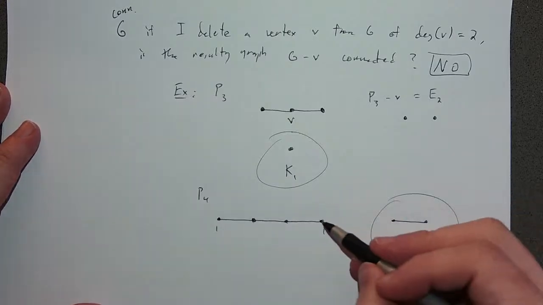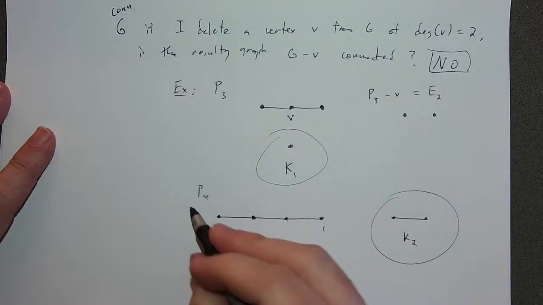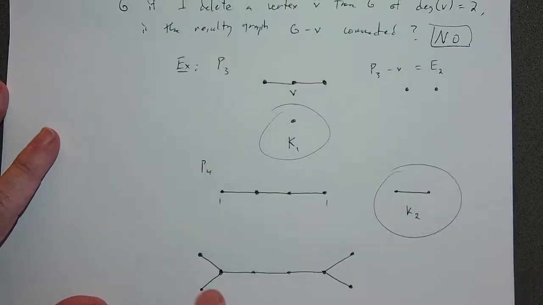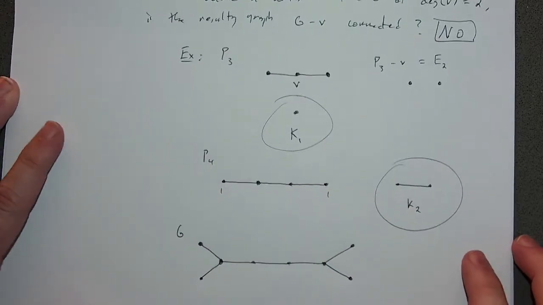So for instance, maybe I could alter this picture again and say that we have P4, but I've put let's do something like this, right? All right, so whatever you want to call this graph, call it G. Where are the leaves of G?